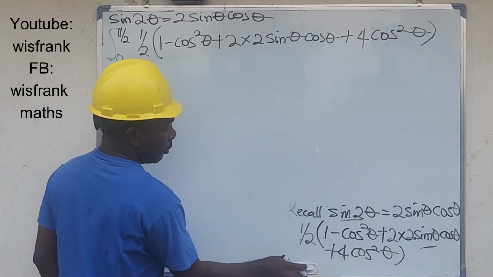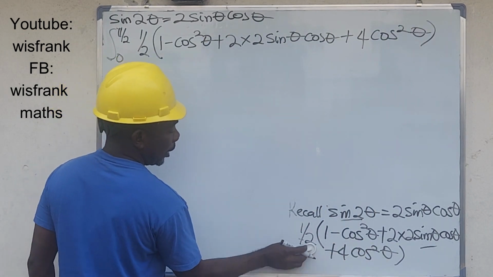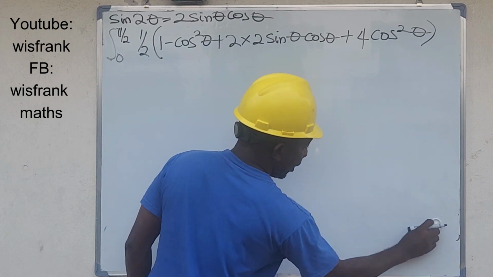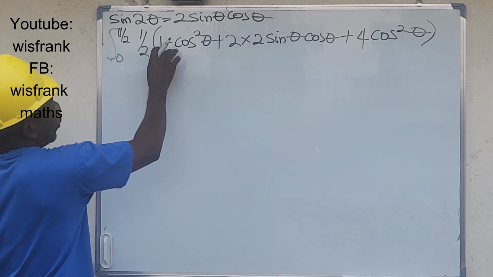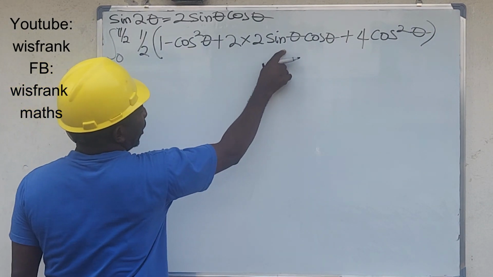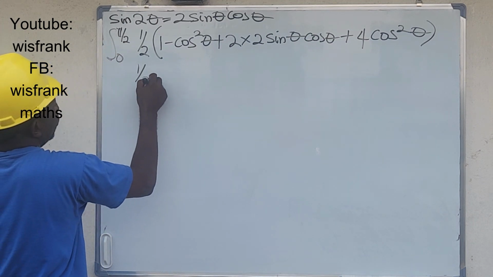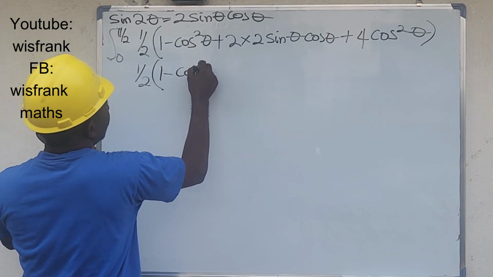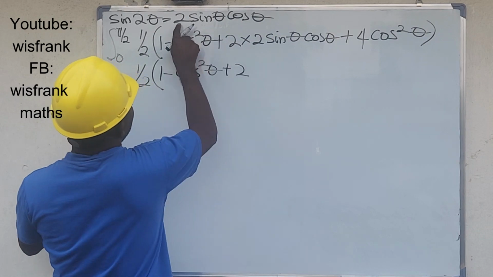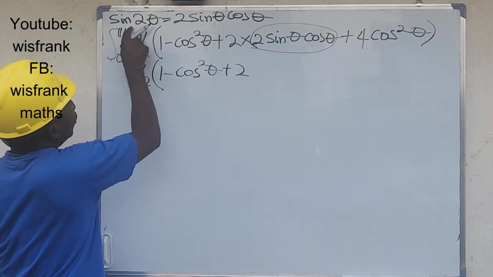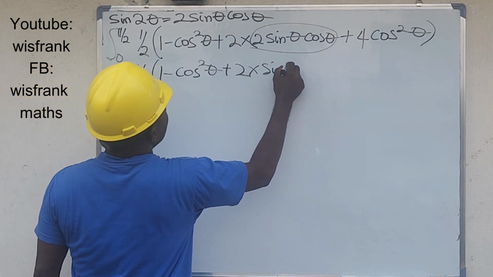So that is what we have. We are transferring this to the other side so we can clean this side to have space. What we are going to do is substitute this into here. So we have 1 over 2 into 1 minus cos squared theta plus 2 times, in place of this, we substitute sine 2 theta.